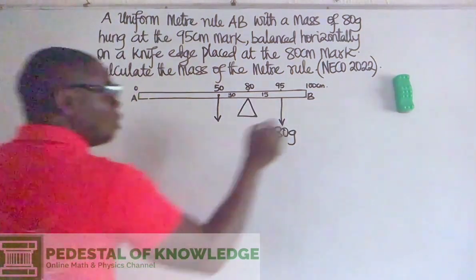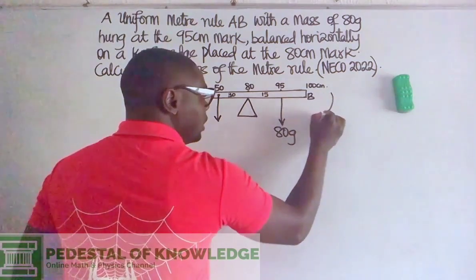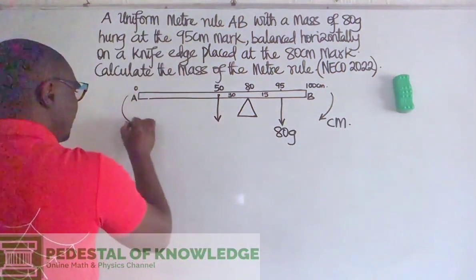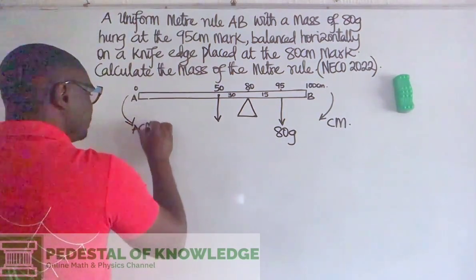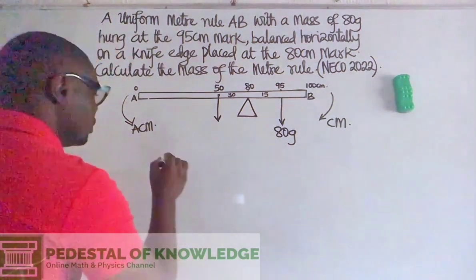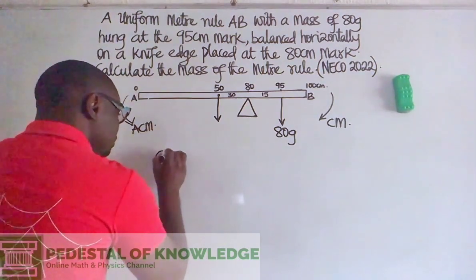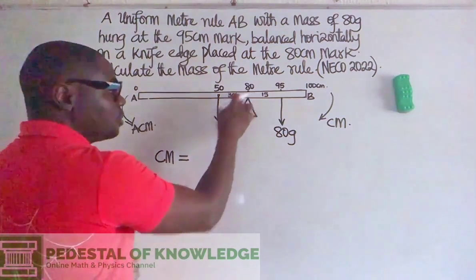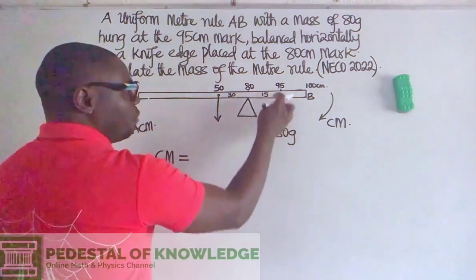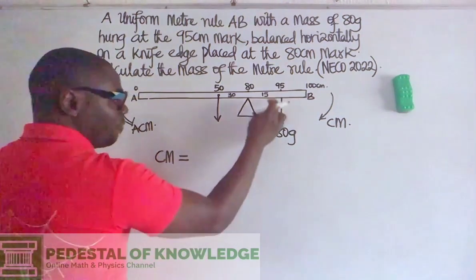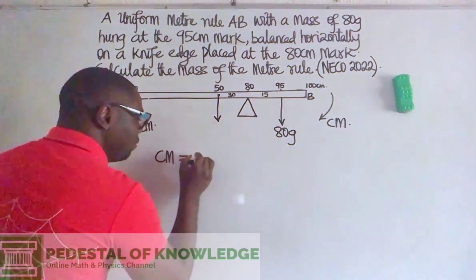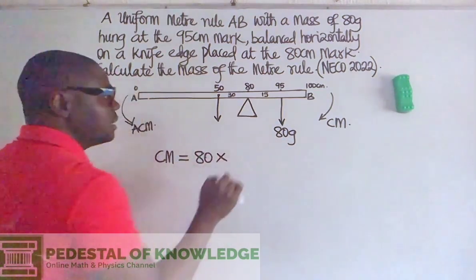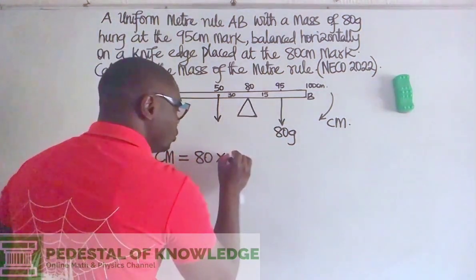So now the clockwise moment, we're going to look at the clockwise moment. This is the clockwise moment, while this is the anti-clockwise moment. All right. Now, the clockwise moment about the pivot is equal to the force times the distance, and that force is 80. So we have 80 multiplied by the distance from here to here, which is 15.